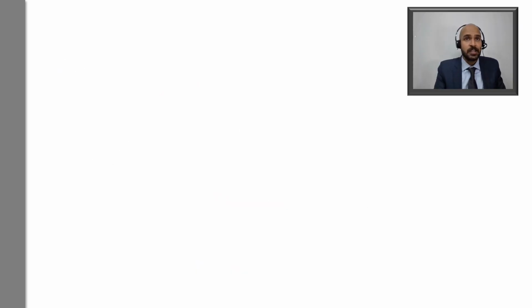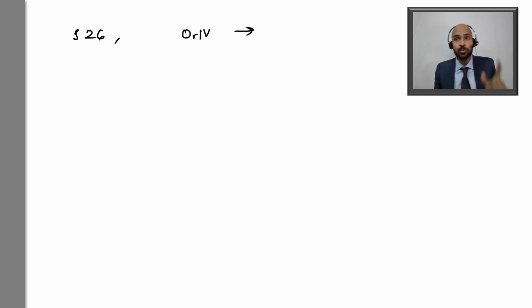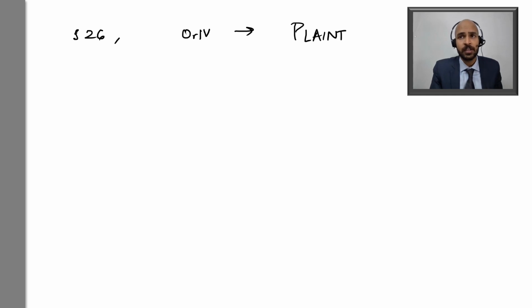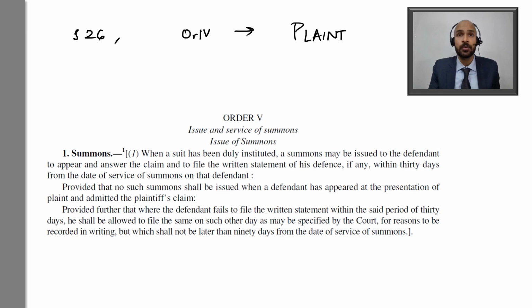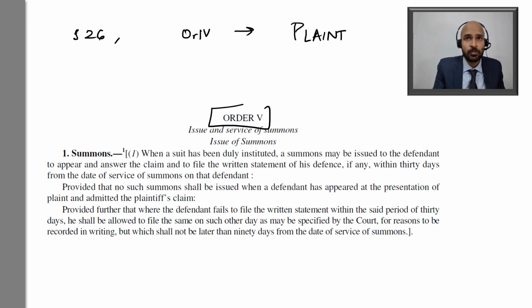As I said, the suit is instituted by the submission of the plaint. Section 26 as well as Order 4 tell you that the suit is instituted by the presentation of the plaint. Once the plaintiff has presented the plaint, you need to get the defendant into the court, and Order 5 talks about the issue and service of summons.